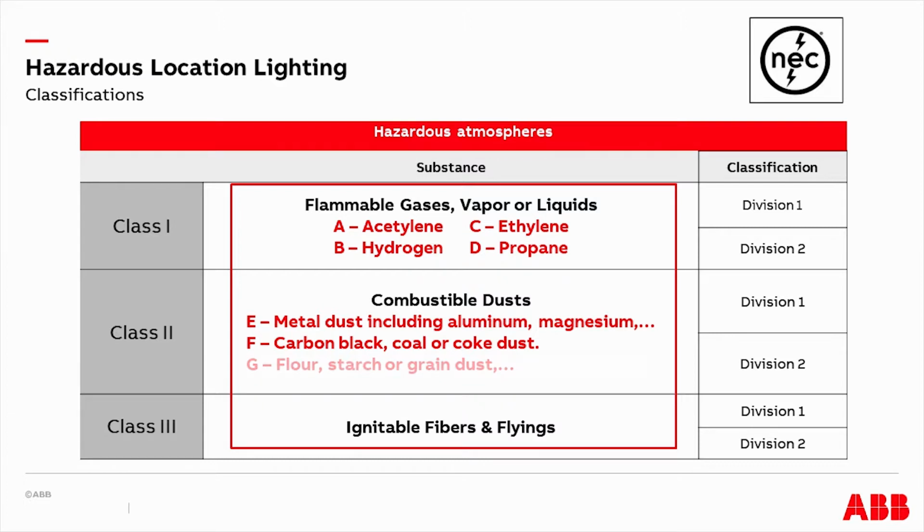Group G consists of non-conductive dusts such as flour, starch, wood, plastic, or grain dust. The chemical elements stated in each group are not complete lists of all the categorized materials. The list of substances is longer and includes more chemical compounds, which can be found in our catalog on the ABB Hazlux website.